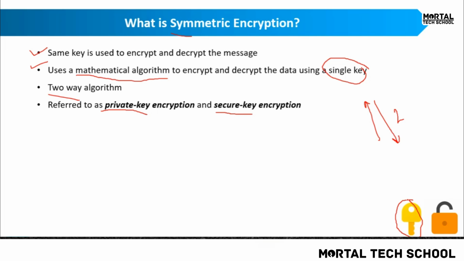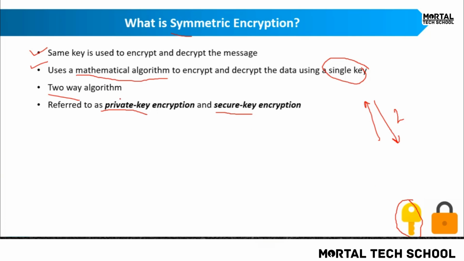Only the context was different. If you're locking your house with one key, then your wife or your husband should also have the same copy to unlock the lock. Now I'm using the same example for symmetric encryption.